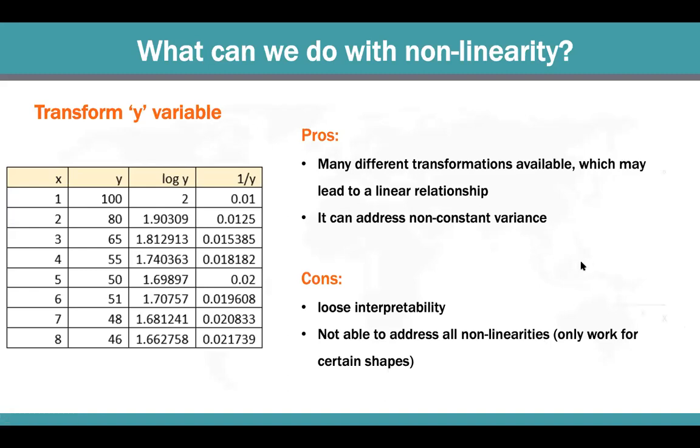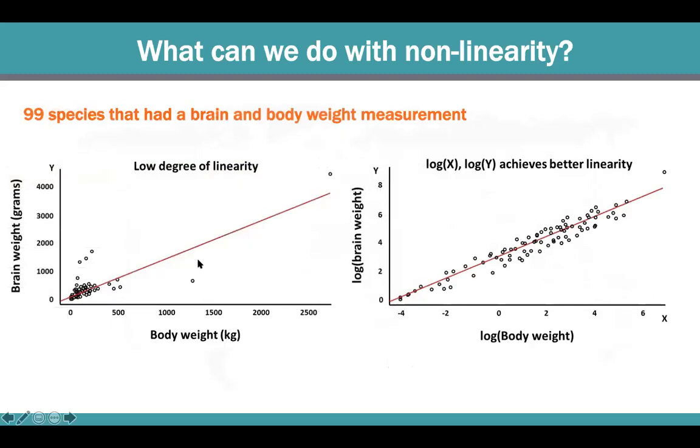And I give you an example about the 99 species that has a brain and a body weight measurement. As we can see here, this is the body weight of a species, and this is the brain weight. All the data is just in here, and we cannot get a very clear pattern.